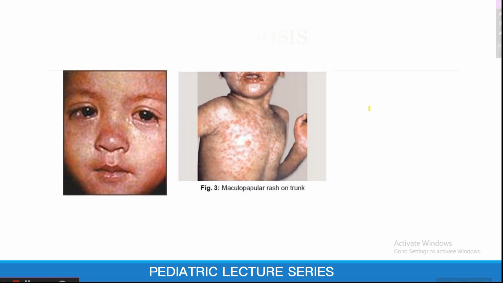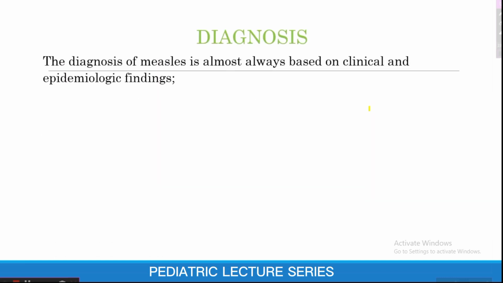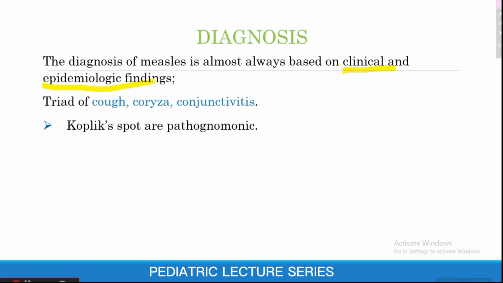So how do you diagnose? Basically, diagnosis of measles is based on clinical and epidemiologic findings. There is a triad of cough, coryza, and inflammation of the conjunctiva.